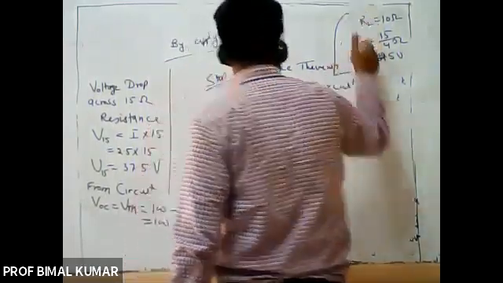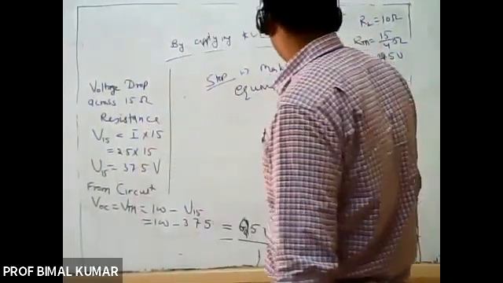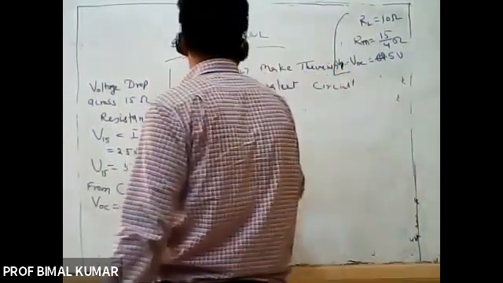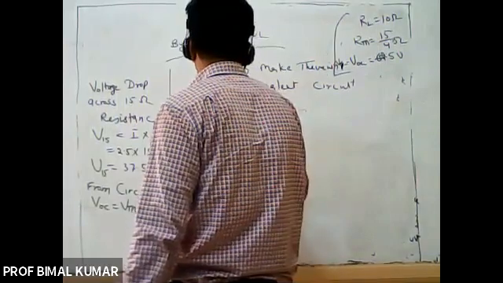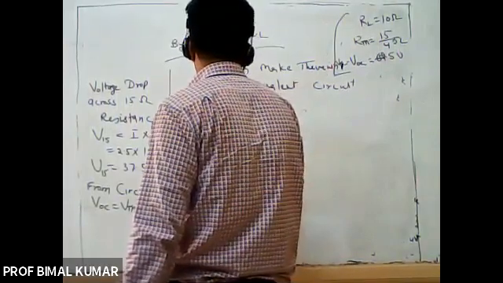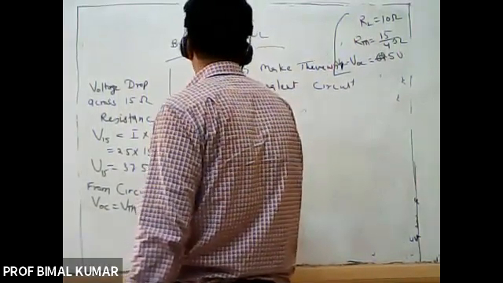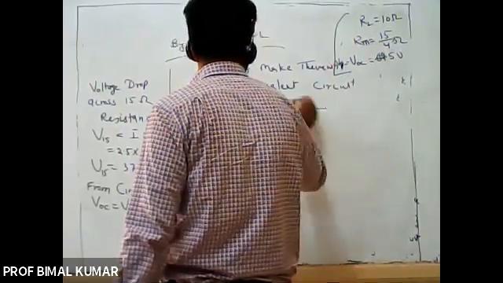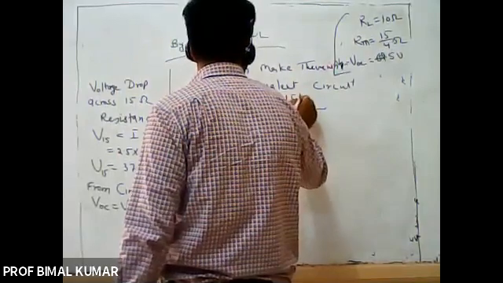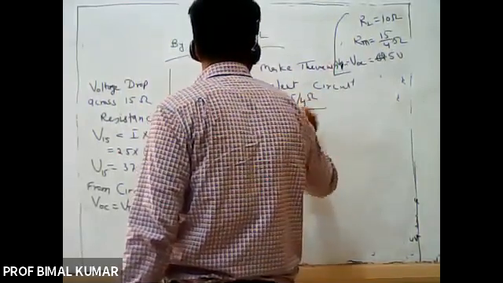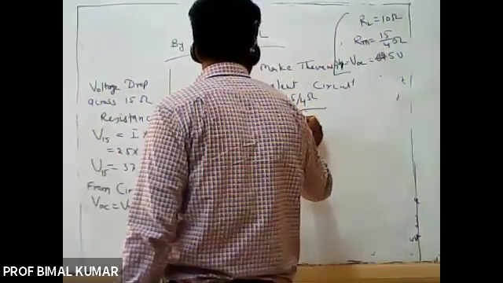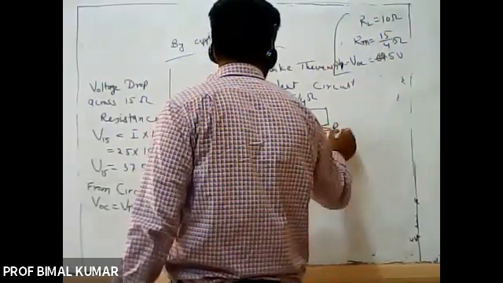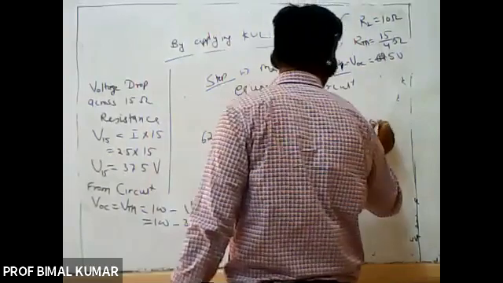It will consist of these three elements: RL, RTH, and VOC. VOC is equal to VTH, right? So here it will be VTH of the value 62.5 volt. Then 15 by 4 ohm is the value of RTH, and here it will be RL, which is of the value 10 ohm.